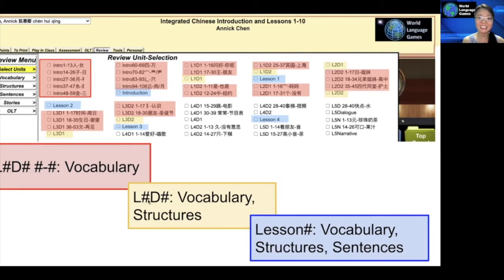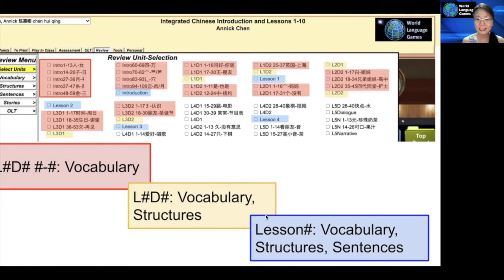Okay, let's say lesson 3D1. So here, if you select L3D1, you'll be able to select vocabulary to play vocabulary games, or you can select structures to practice structure scramble, which is a grammar game.